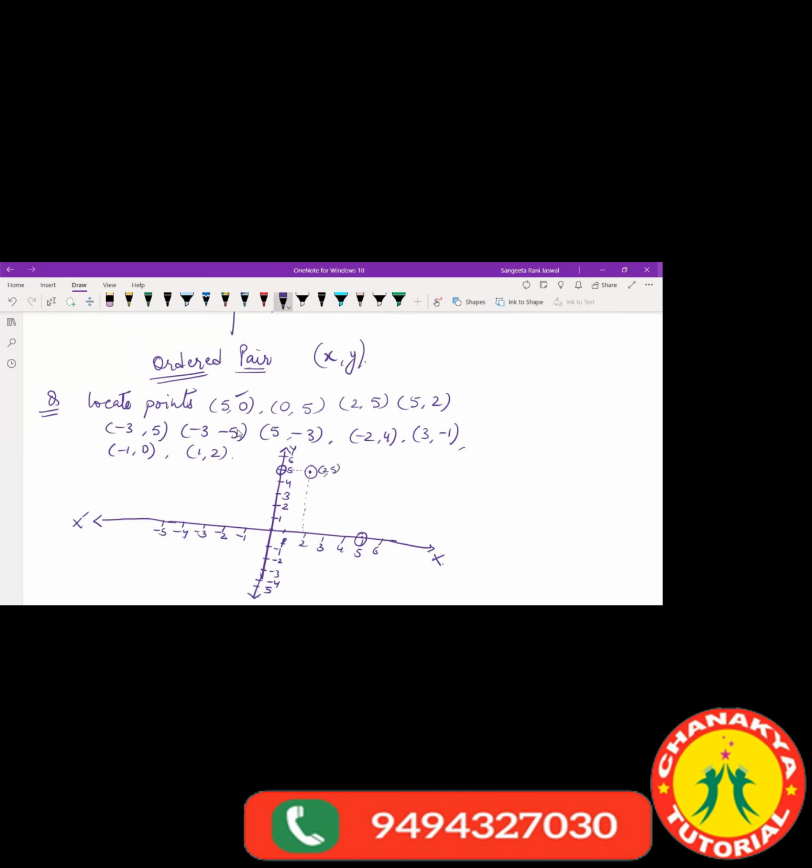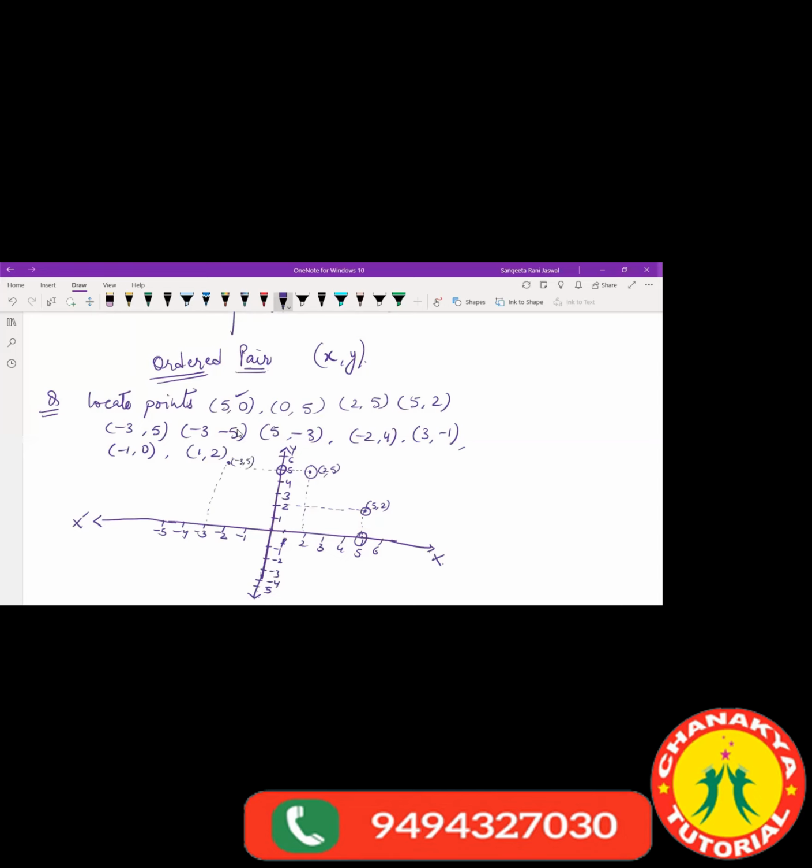That means on x you have 5 and on y you have 2. This is that point. Then next minus 3, 5. Minus 3 on the negative side, 5 on the positive side. So minus 3 and 5 like this. So this point is minus 3, 5.